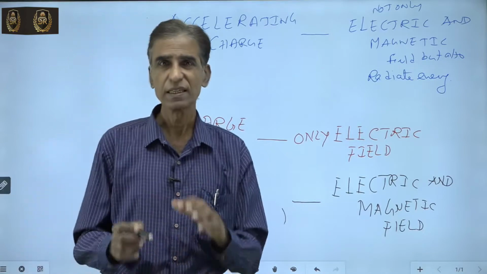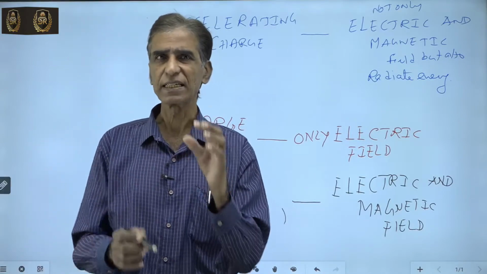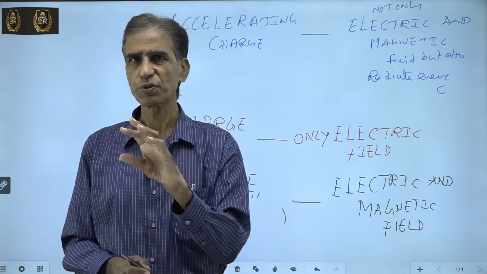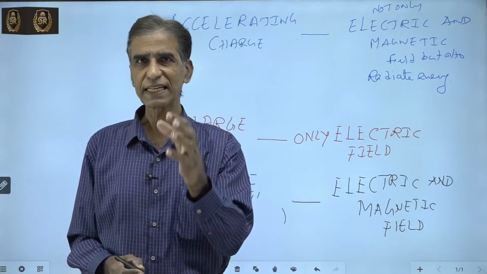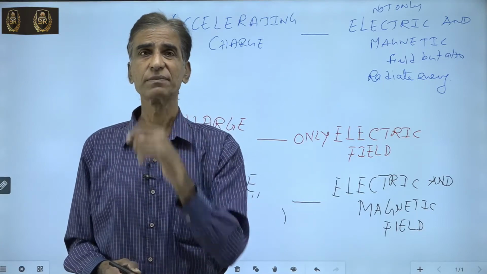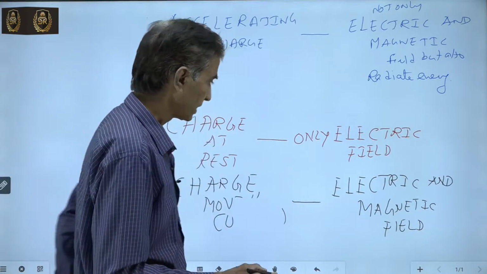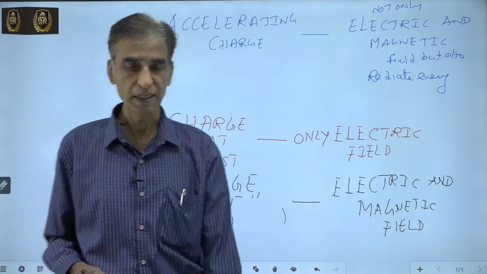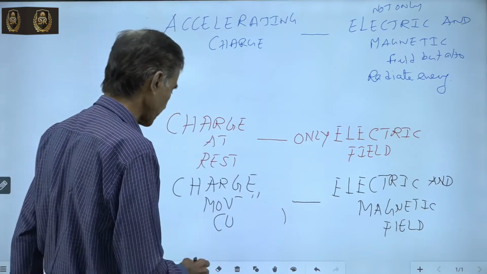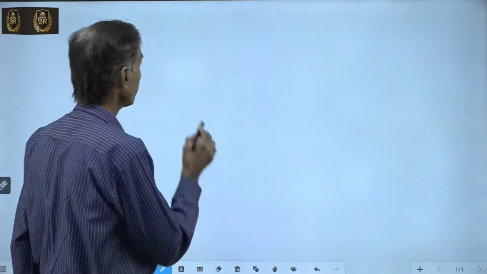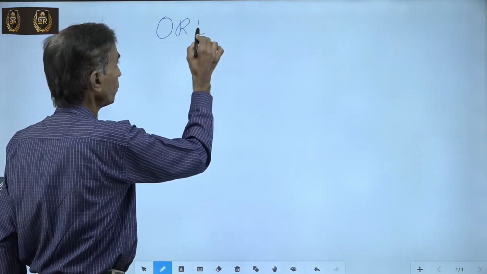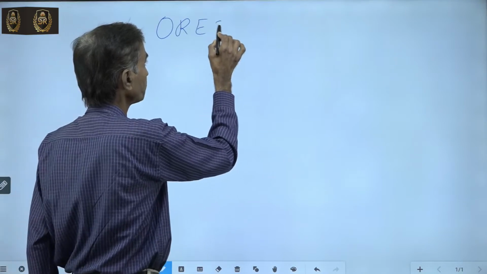For that, he conducted one small experiment to prove there is no relation between those two quantities, that they are entirely different entities. Popularly we call it the Ørsted experiment. So let us see the simple arrangement for Ørsted's experiment.